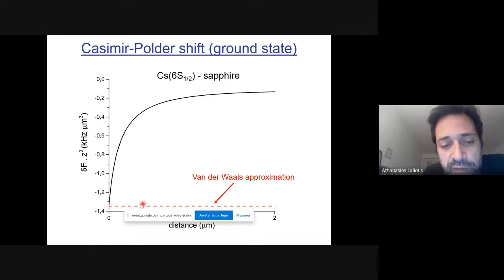In this graph, the van der Waals approximation would be a straight line because it's energy times Z3, so this would be minus C3. Instead of a straight line, you see this black line here, and this is the quantum fluctuations approach. So you can see that it's a very different interaction, and it's an effect that is very important for the ground state atom.